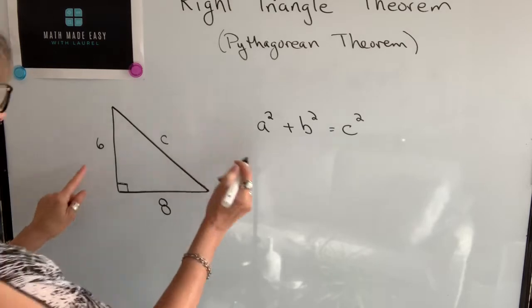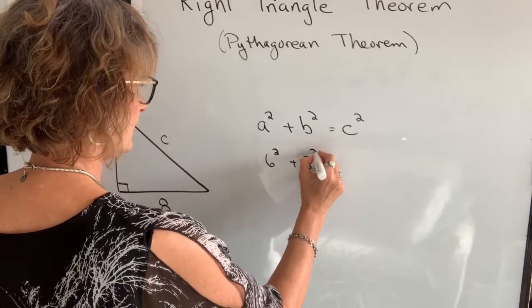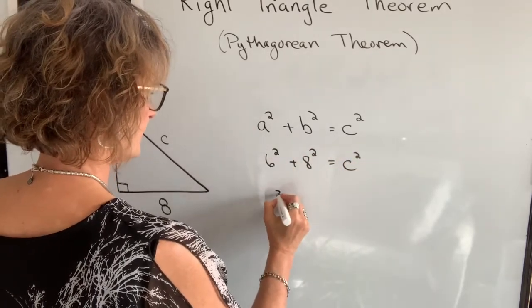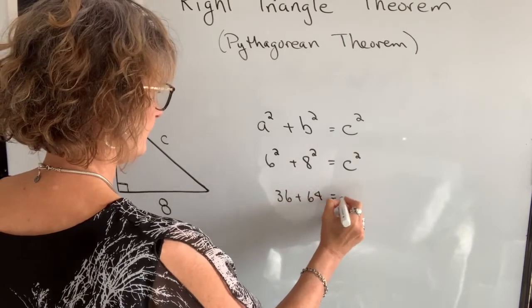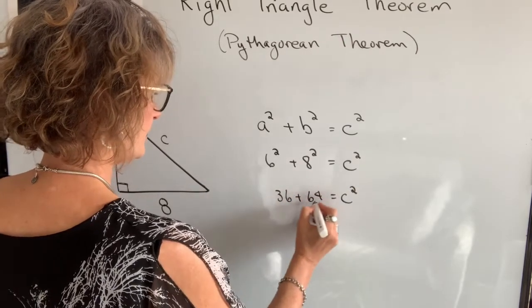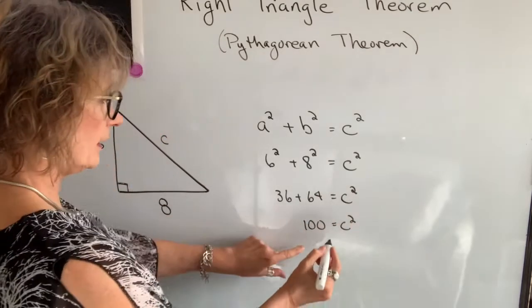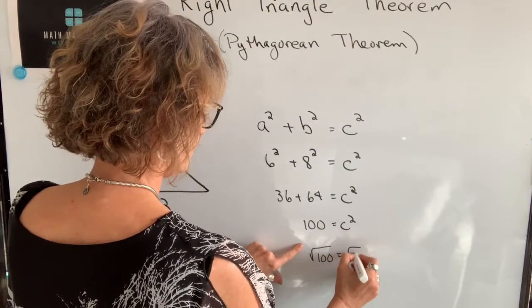We simply plug into our theorem. So 6 squared plus 8 squared will equal C squared. 6 squared is 36. 8 squared is 64. 36 plus 64 is 100. And what we're going to do is take the square root of both sides to solve this equation.